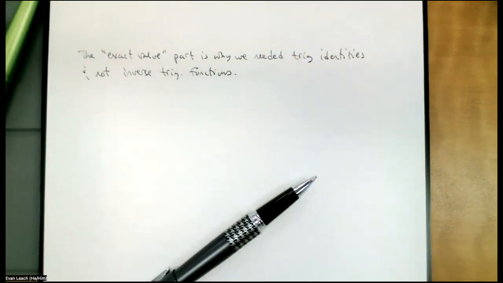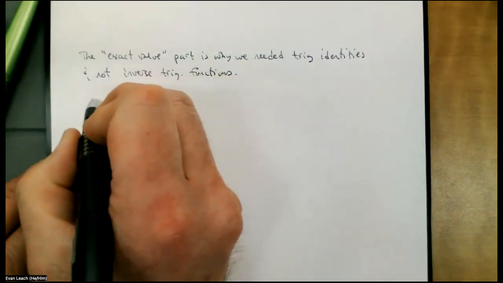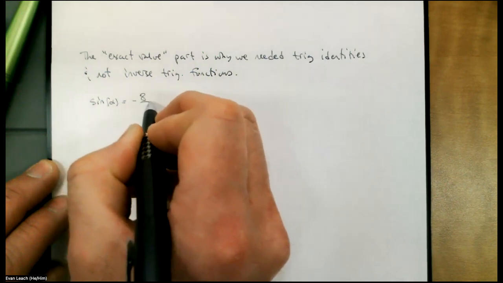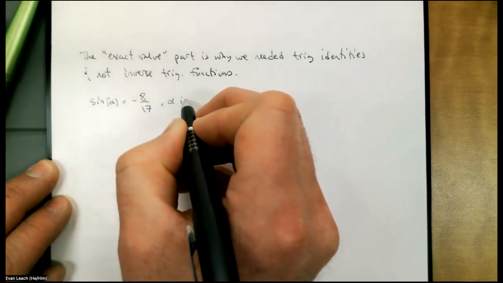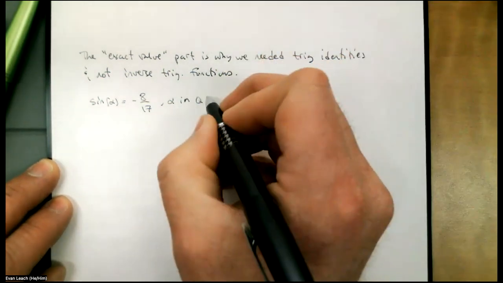The exact value part is why we needed trig identities and not inverse trig functions. So when we were told that sine of alpha is -8/17, and that alpha is in quadrant 3, thank you.